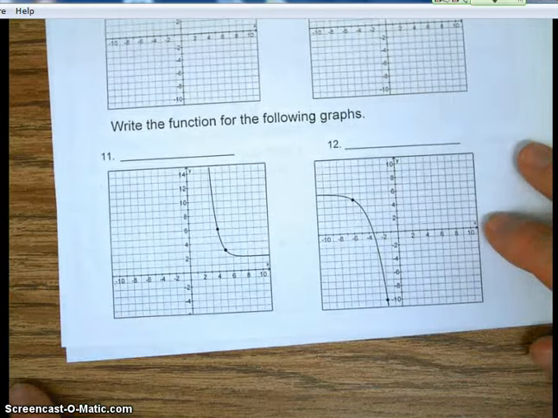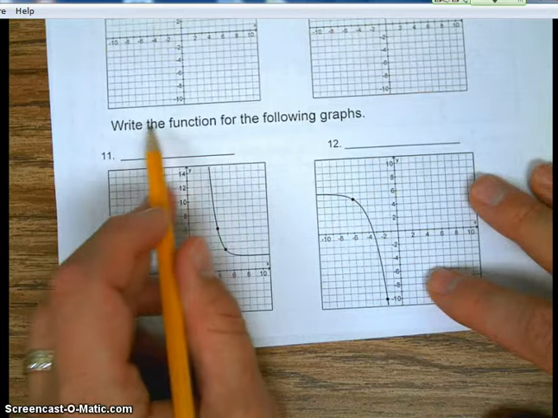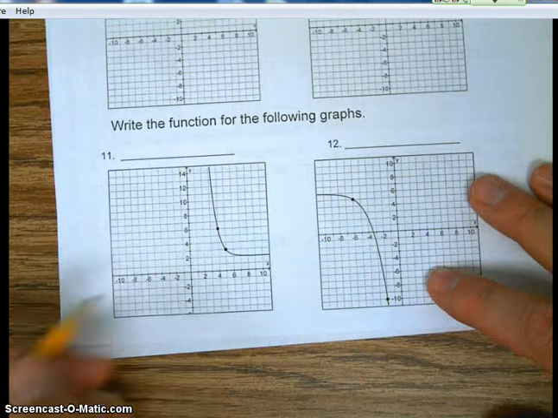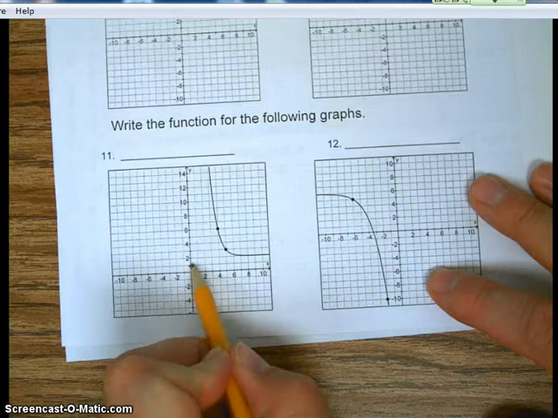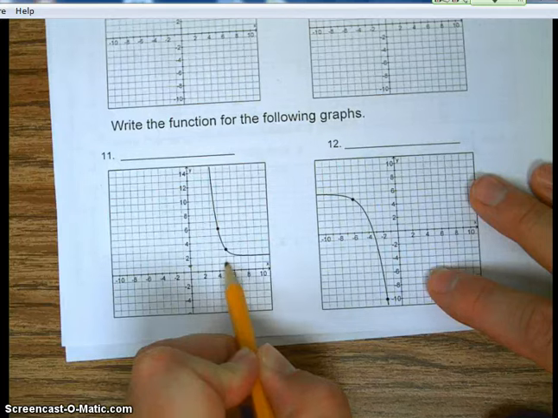Let's do another one of these together. Here we have where it says write the function for the following graphs. So here we have a graph that has been translated 1, 2, 3, 4, 5 units to the right, and 2 units up.